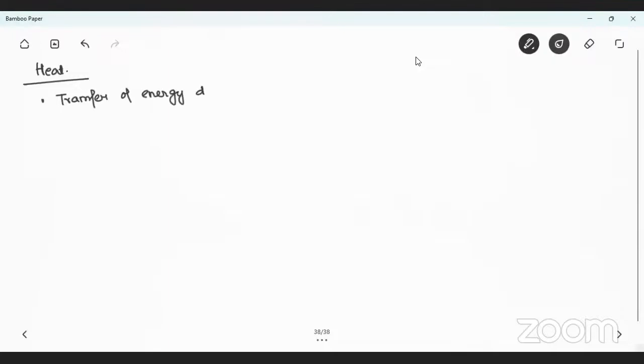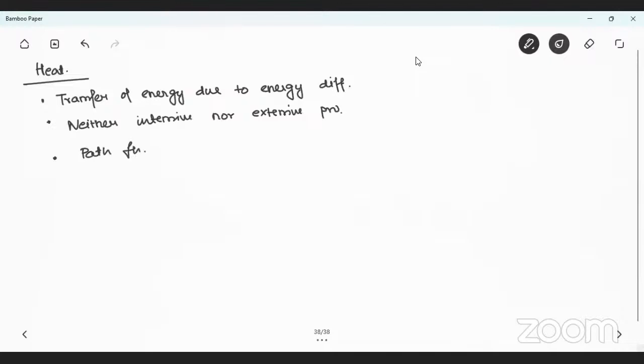It is neither an intensive property nor an extensive property, and it is also a path function. These are the basic qualities of heat.